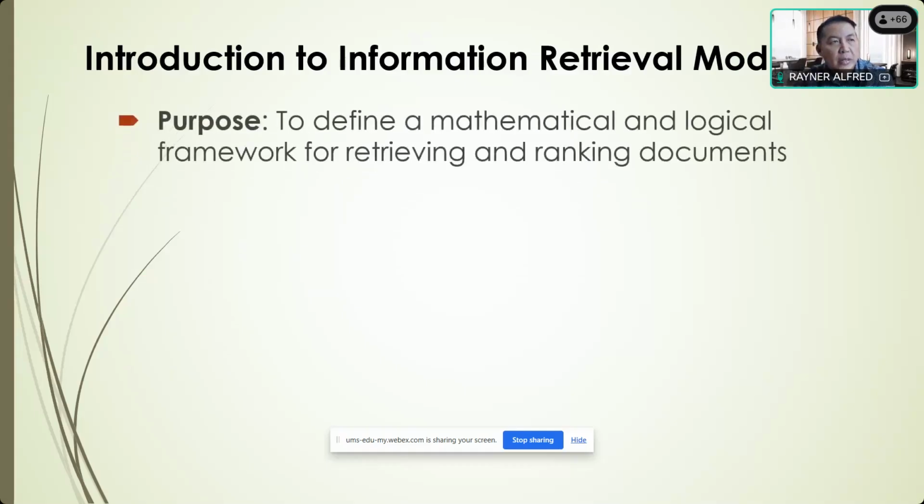So before we go further, we need to define the purpose of modeling information retrieval. We want to define a concept or a mathematical formula that can be used to retrieve and rank the documents.